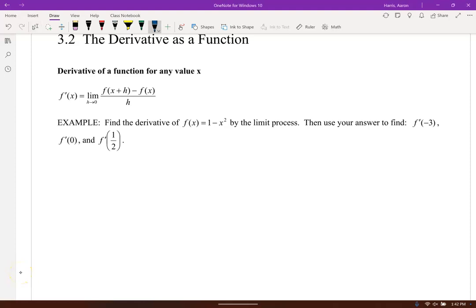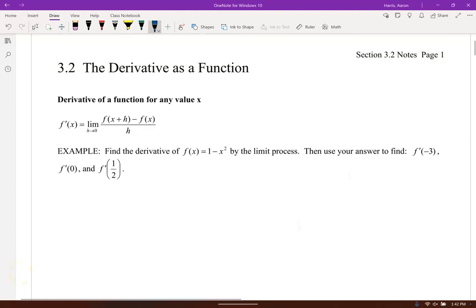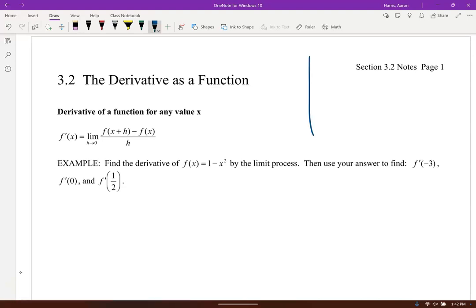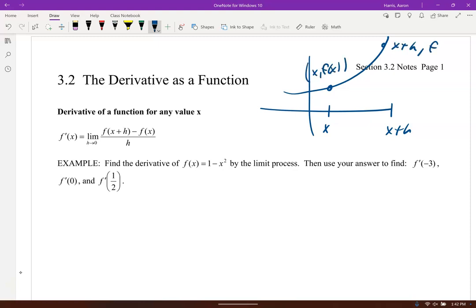We're going to take a look again at the slope of the tangent. So we'll find the slope of the tangent, which is the derivative of the point. If we have the point x, we go out x plus h amount, and we have this curved line here from x, f of x, to x plus h, comma, f of x plus h.